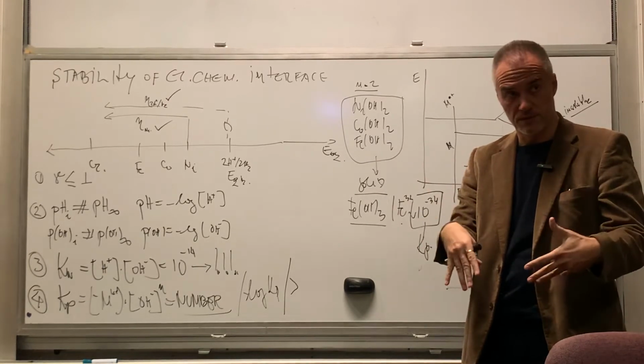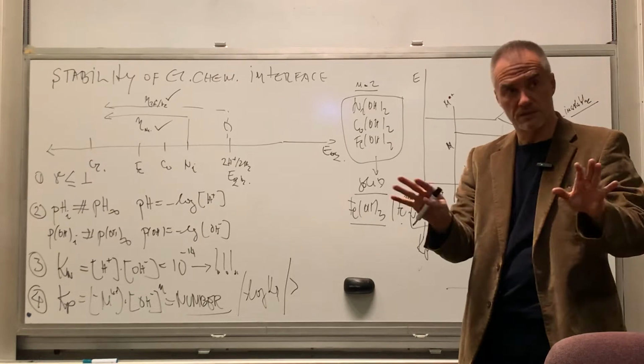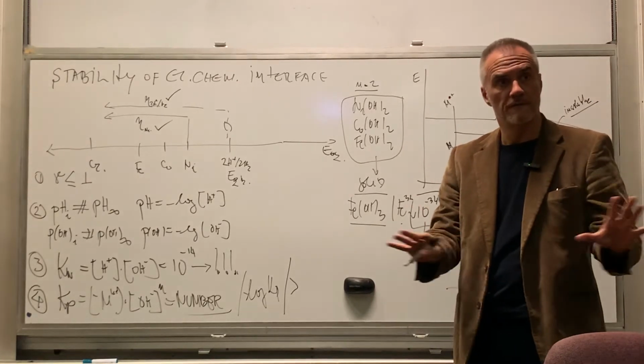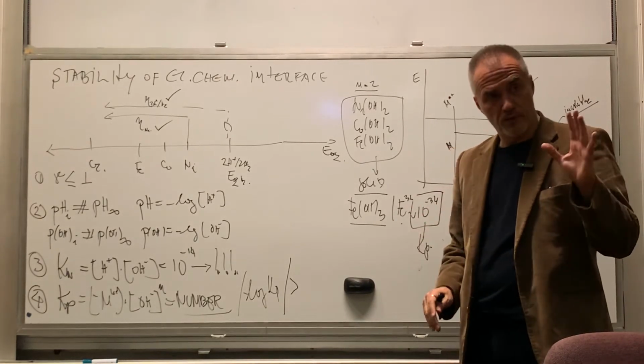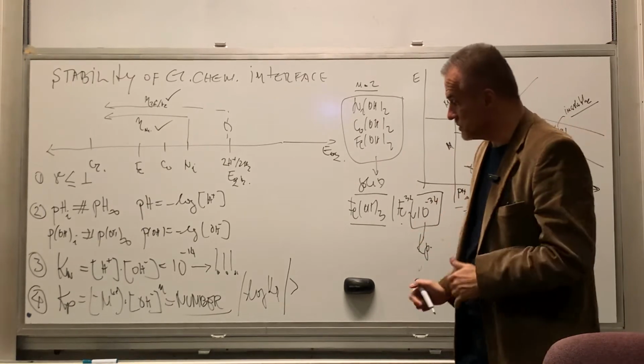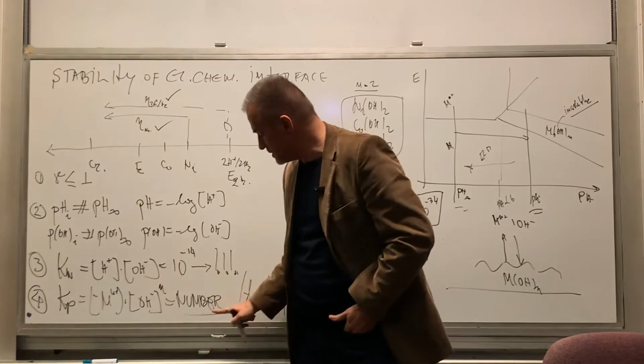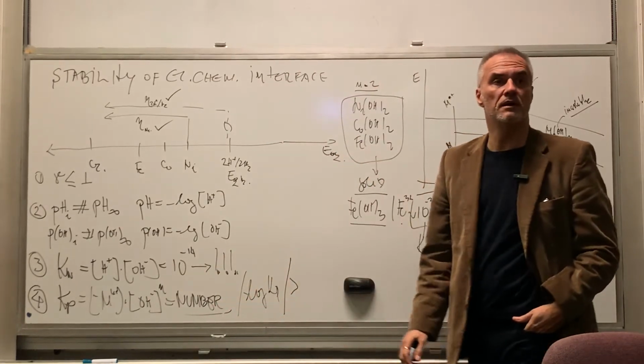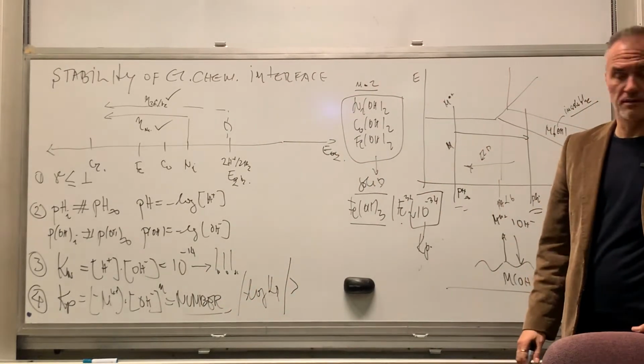If I'm below this number, I'm okay. I still will have a soluble phase. The problem for us starts when we have conditions where this product exceeds this solubility product number, right?